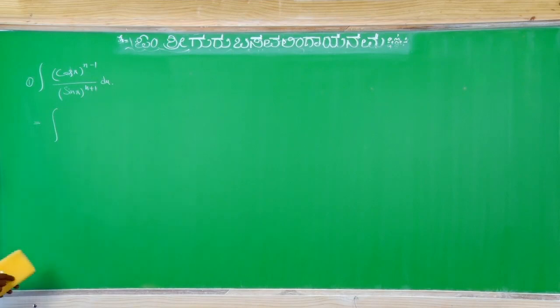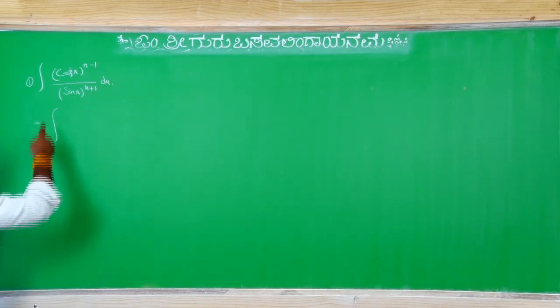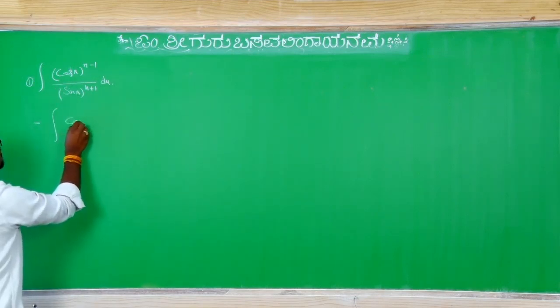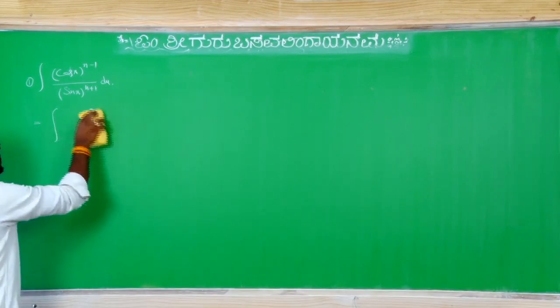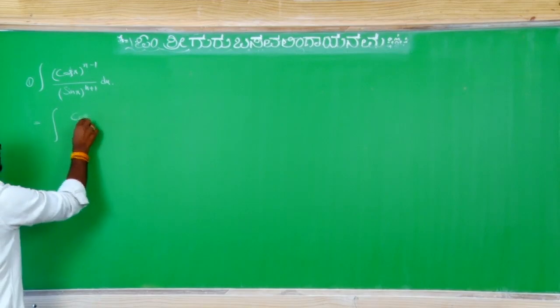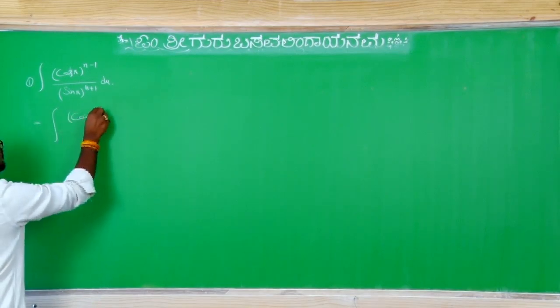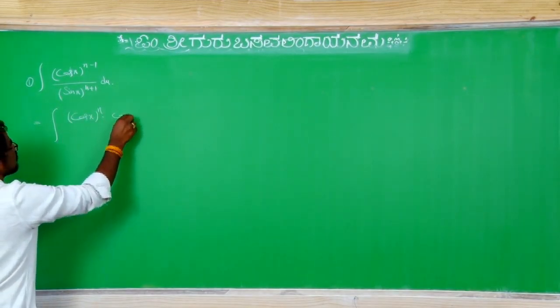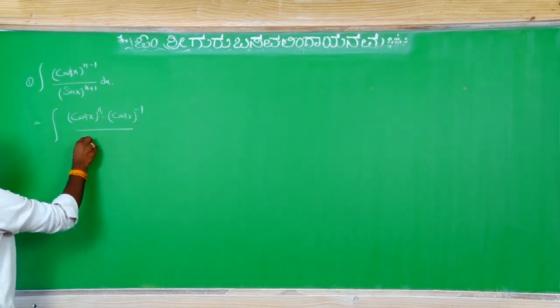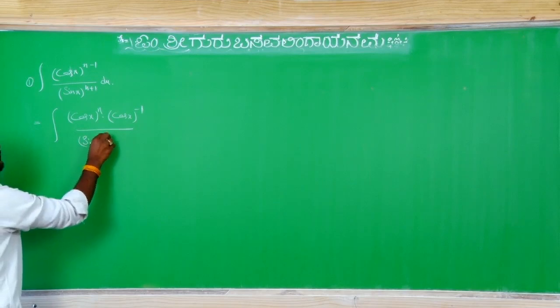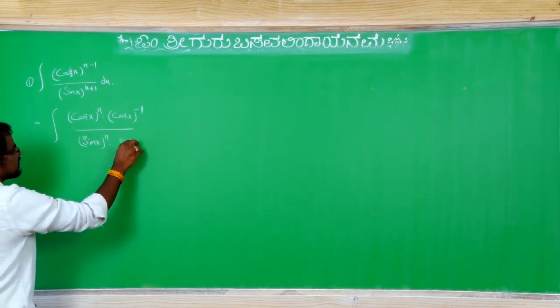integration of, so I will write it as (cot x)^n. Otherwise, with one more extra step, you can write (cos x)^n into (cos x)^(-1) divided by (sin x)^n into sin x into dx.